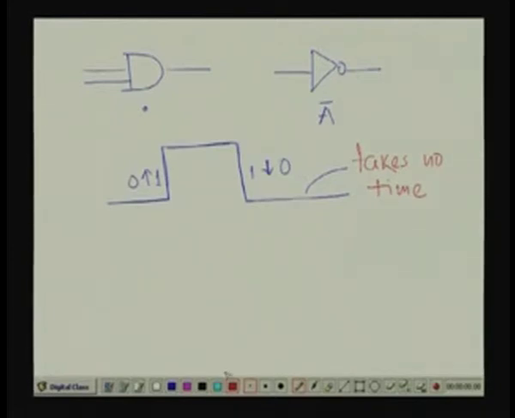But in a real life situation, this state actually takes some time. Then again here it will be like this. That means here it starts, but at least it takes this amount of time.